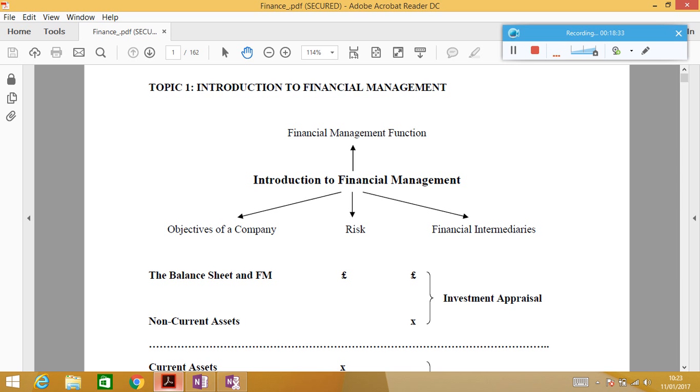The first one. We have the objective of a company here. Now, when we say objective of a company, guys, what can you say about it? When you open up a business, what's your objective? Profit. Increase the profit, correct?